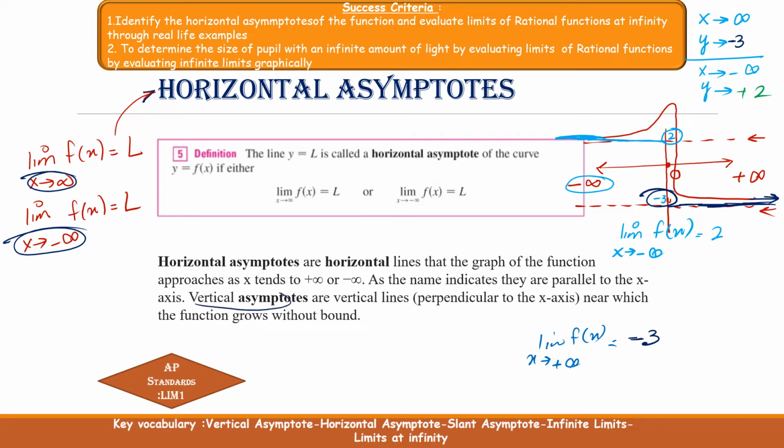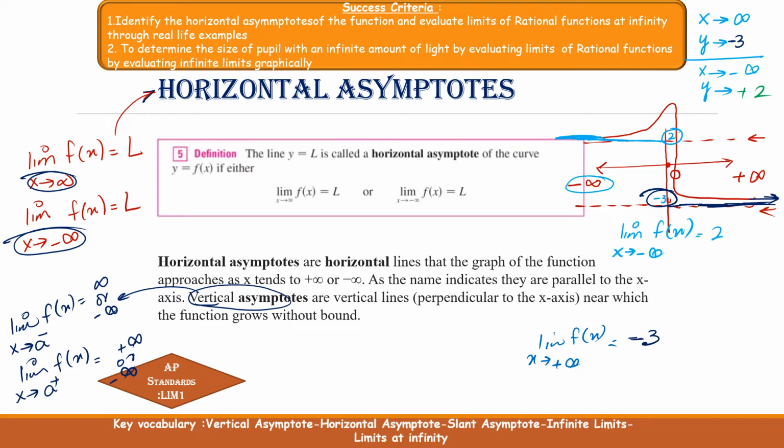Whereas to determine the vertical asymptotes, we express the limit as x is approaching a from the left side or from the right side, where a is a number. From the left side or the right side, it could be positive or negative infinity.